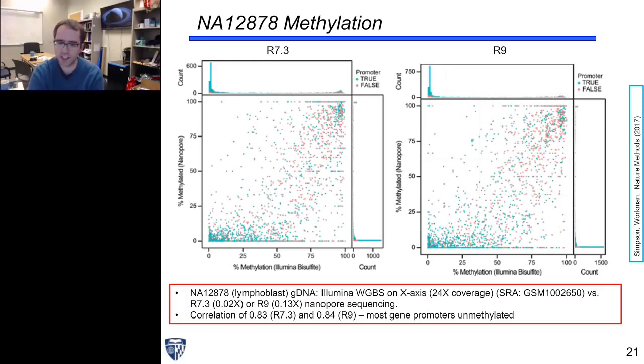And you see we got a correlation of about 0.83 for 7.3 and 0.84 for R9. Realizing, of course, that most of these gene promoters are unmethylated in human samples, our correlation is pretty good.